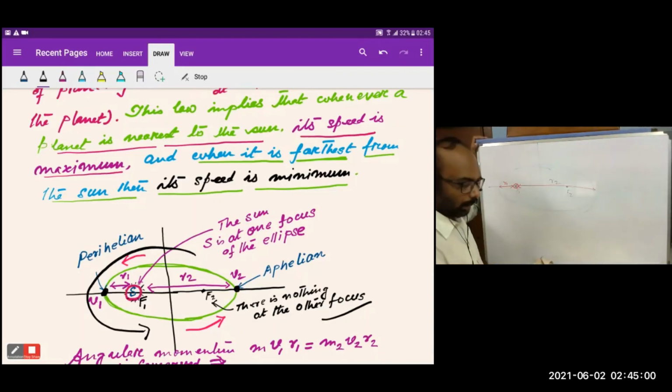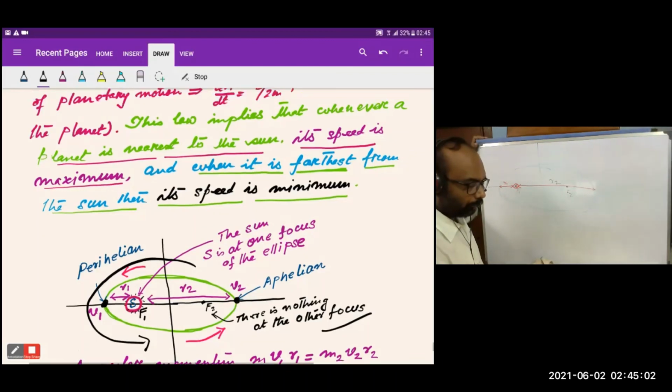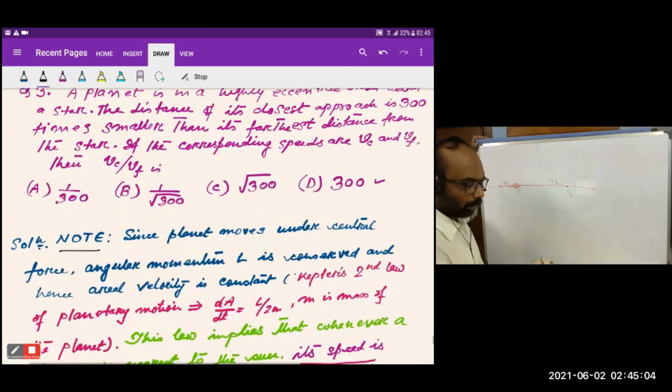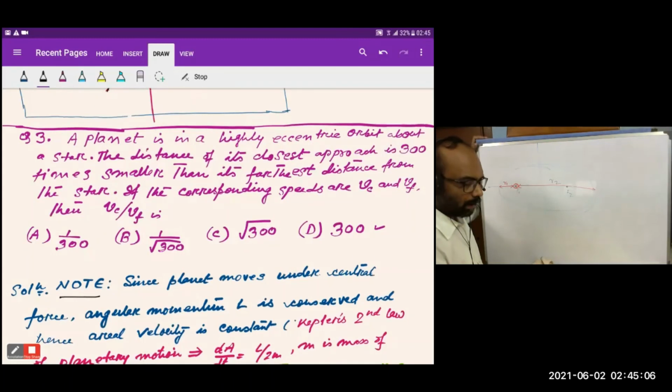What is given? The distance of its closest approach, which is r1, is 300 times smaller than its farthest distance from the star, that is r2.